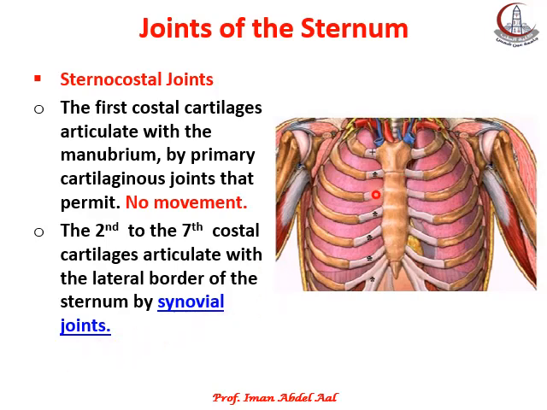So the second, third, fourth, fifth, sixth, and 7th costal cartilages articulate with the sternum through sternocostal joints. These joints, as we said, are synovial joints.